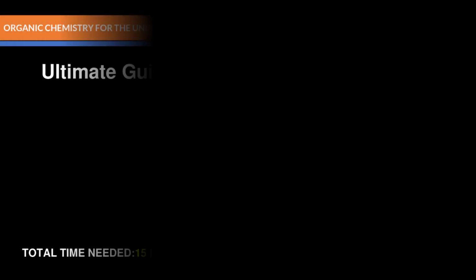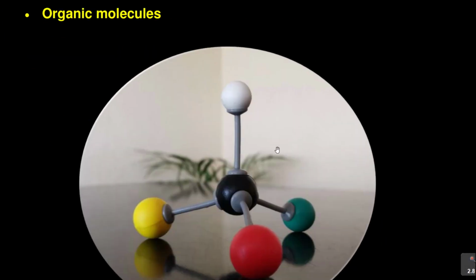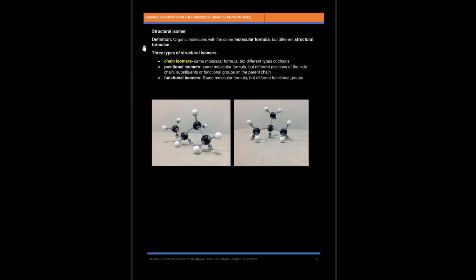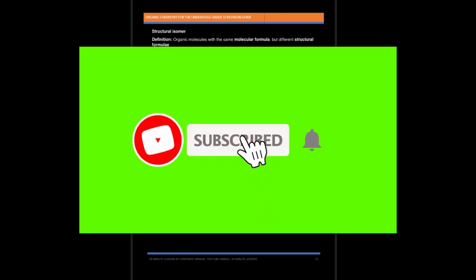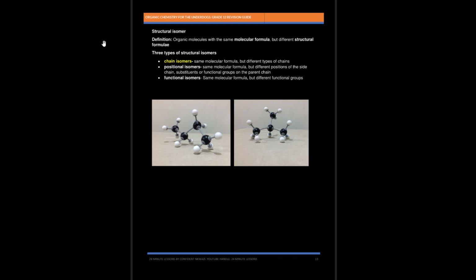As we continue with our ultimate guide in organic chemistry, in the previous lessons we've been looking at different types of hydrocarbons, and with the hydrocarbons we looked at alkanes, alkenes and alkynes.